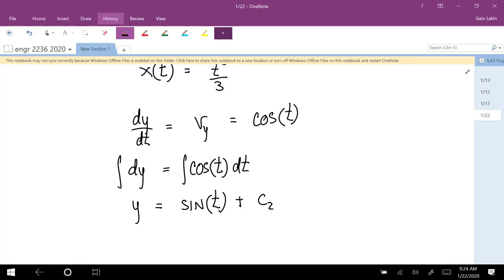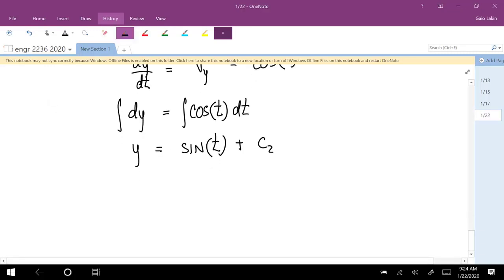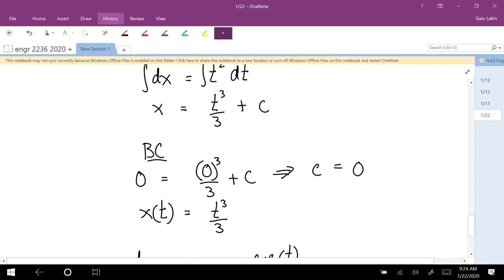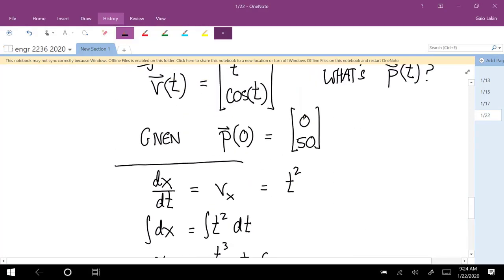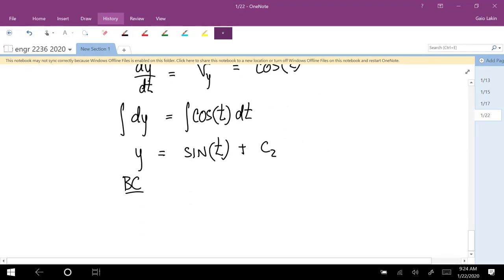And now use the boundary condition to find c2. The boundary condition for y says when time is equal to 0, y is equal to 50. So plug that into this equation and we get 50 is equal to sine of 0 plus c2.